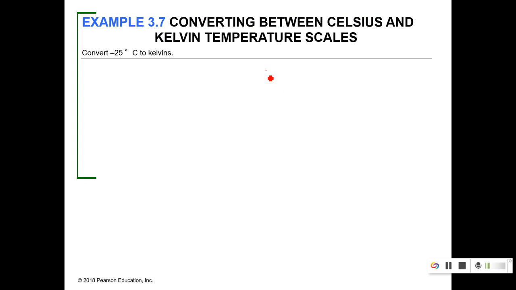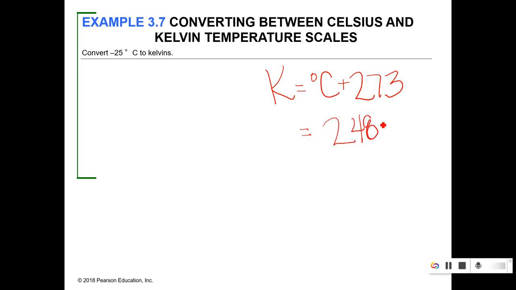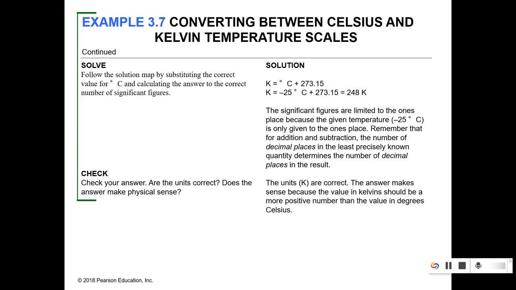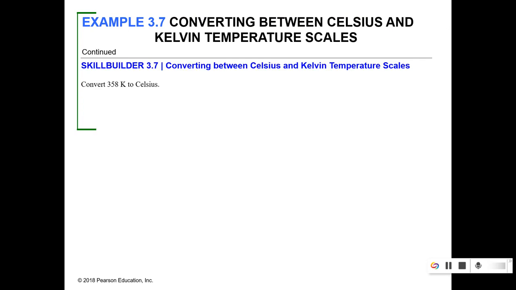All right, so we know that Kelvin is Celsius plus 273. So I do negative 25 plus 273, and I get 248 Kelvin. Now we're going the other way.